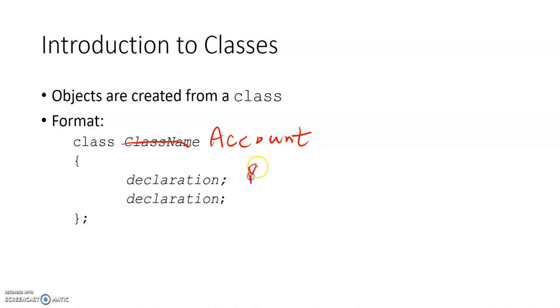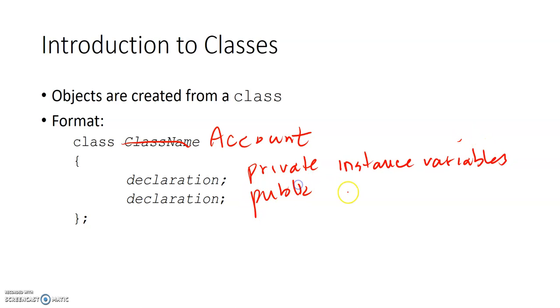I will declare my private variables, private instance variables, okay? And then I will provide the public actions, which are the public functions. Some functions are private, things that might be done internally, for instance, in a bank, the ability to add interest to an account.